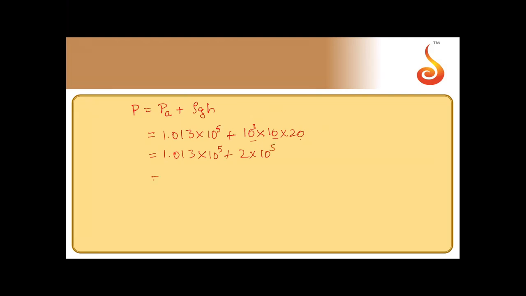So that turns out to be 3.013 into 10 to the power 5 Pascal. So that is roughly 3 atmospheres. 1 atmosphere is this much, so this is roughly 3 atmospheres. That is option D.